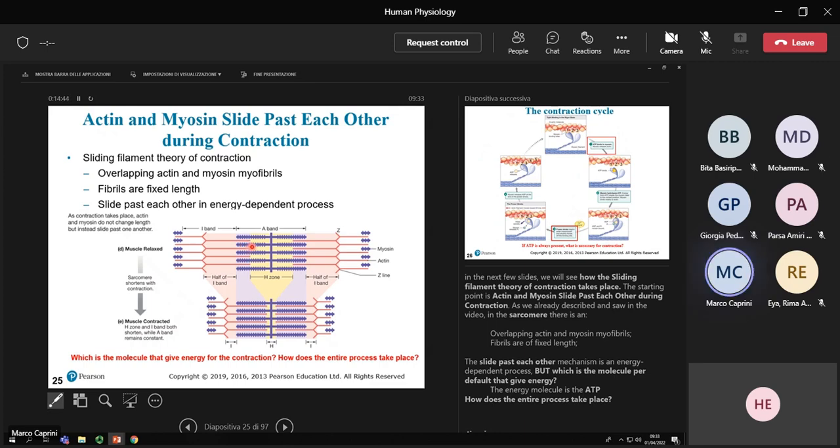The sliding past each other mechanism is an energy-dependent process, and the molecule that by default gives energy is always the ATP. This process can occur because the ATP is always present in the muscle. The energy molecule is the ATP.